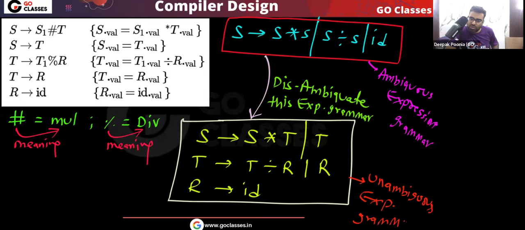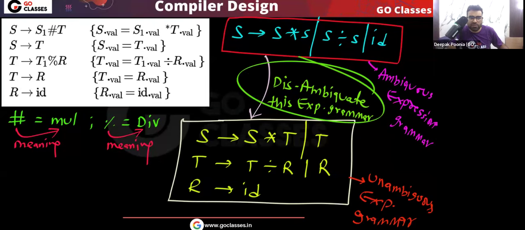Do you remember all these concepts? We have already seen them in the previous lectures when we were discussing LL parsers. In top down parsing, before studying top down parsing, we have already seen how to disambiguate any expression grammar. If you have an ambiguous expression grammar, then how to remove ambiguity from it. So this is the corresponding unambiguous expression grammar.